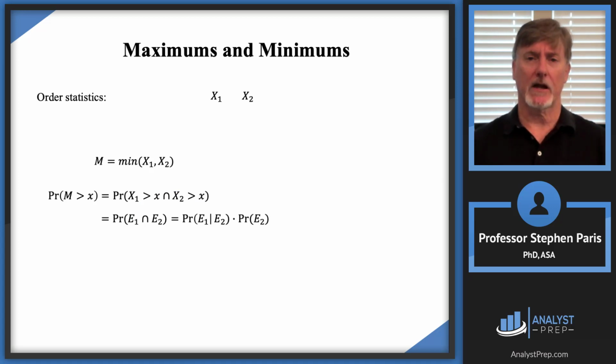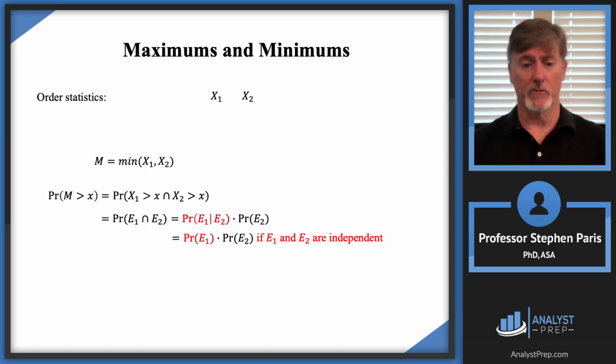But what would make this a whole lot easier is if we had independent events here, because then what I have as that conditional probability, highlighted in red, becomes a marginal probability itself, just the probability of the event E1.